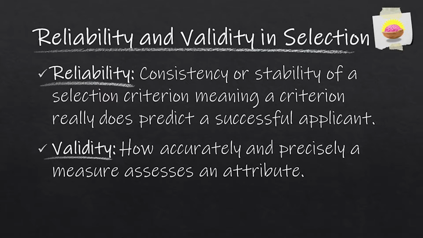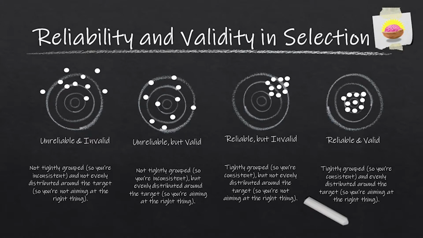Validity is how accurately and precisely a criterion or measure assesses an attribute. So one way I like to look at this is with this graphic, right? So let's say that we're trying to predict the success of an applicant, and our measures are both unreliable and invalid.